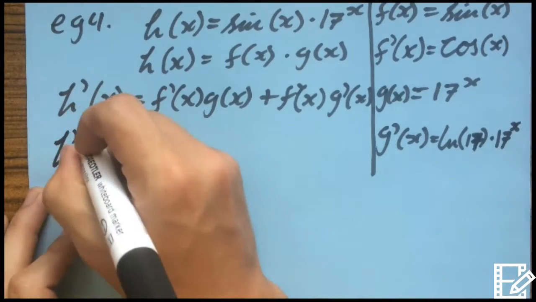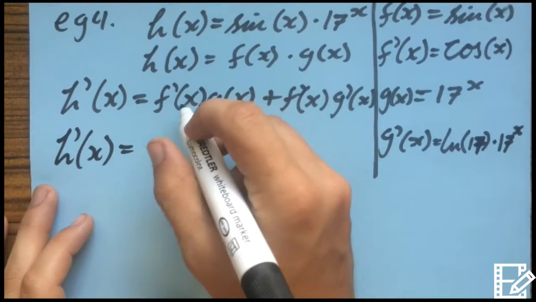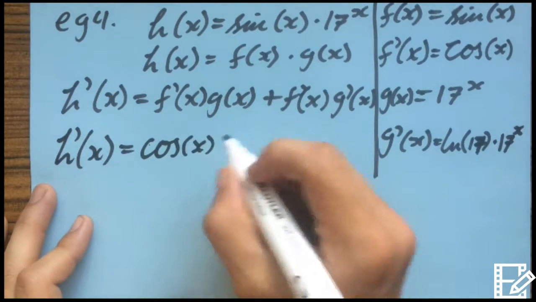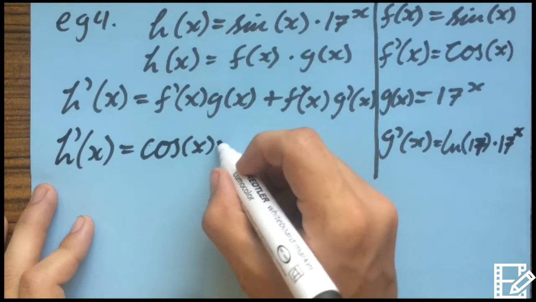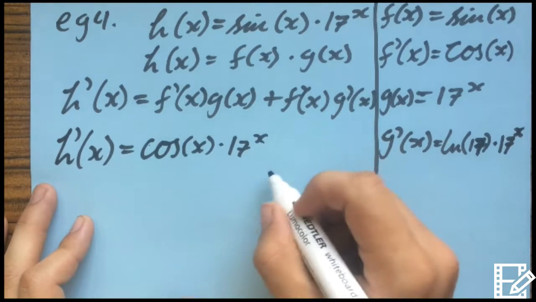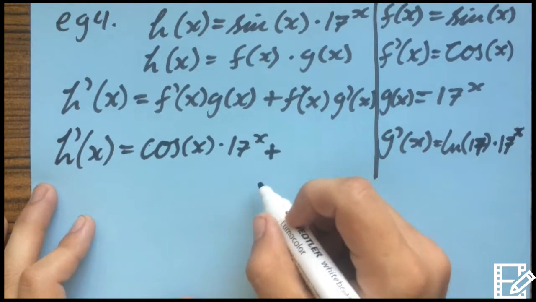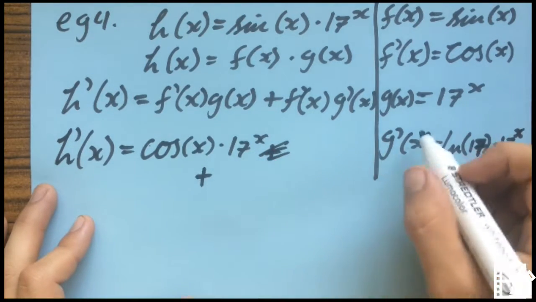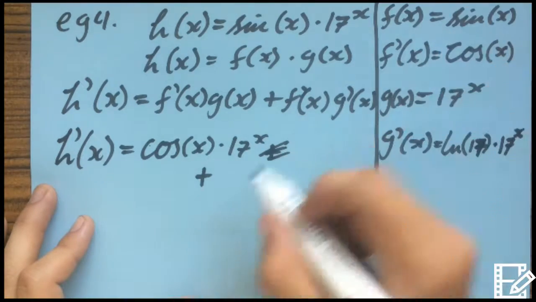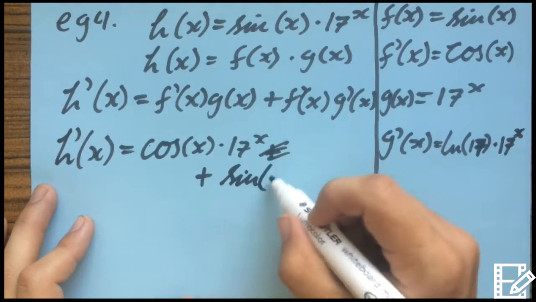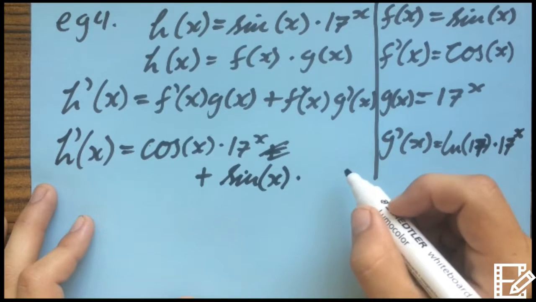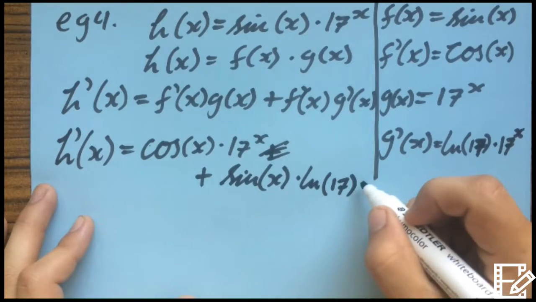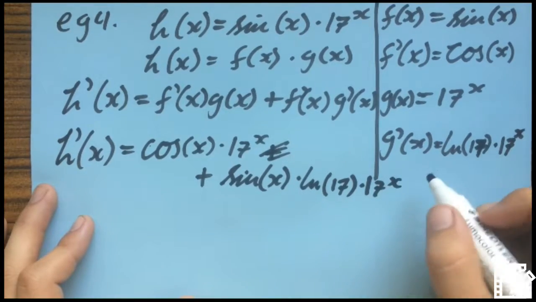If we were to input these values, derivative of f(x), cosine x multiplied by g(x), 17 to the power of x, plus, I'm not going to fit that in, plus f(x), sine x, multiplied by the derivative of g(x), ln 17 multiplied by 17 to the power of x.